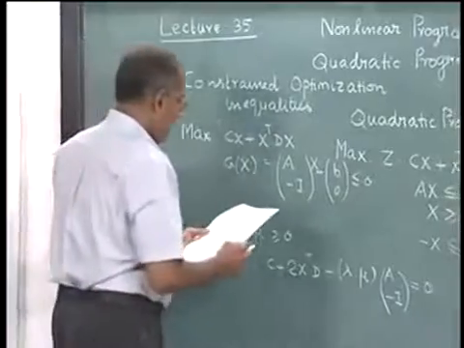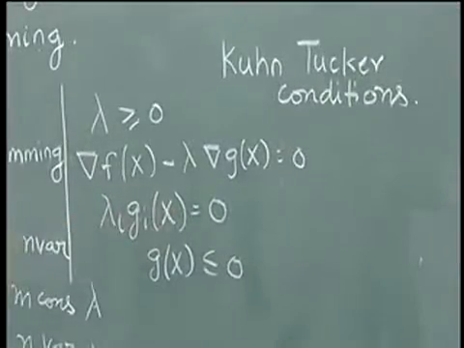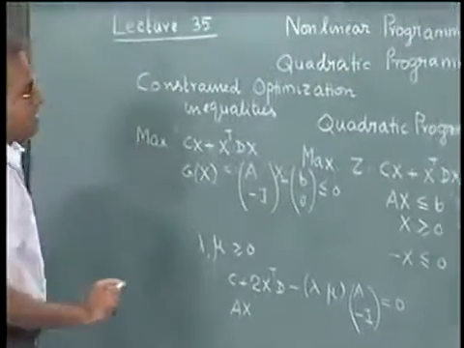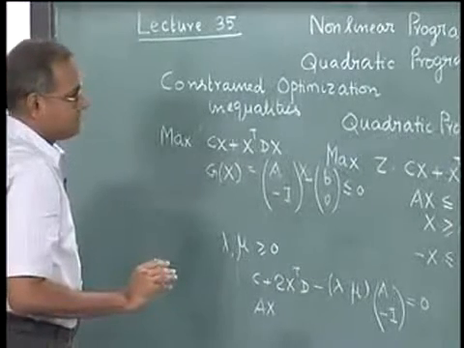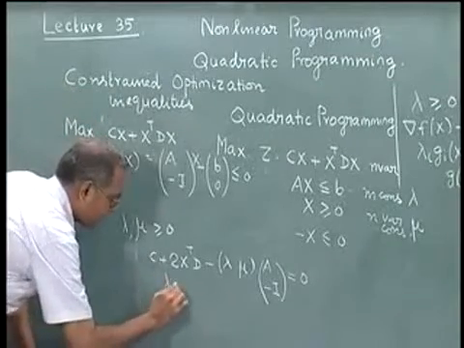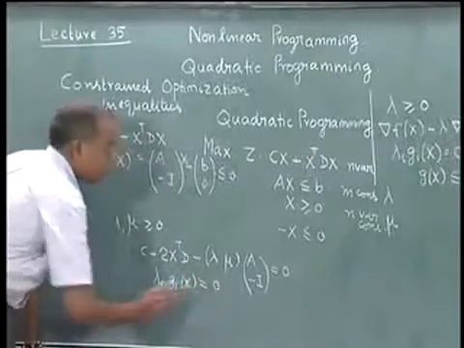Then lambda i gi of x equal to 0 gives us the complementary condition.